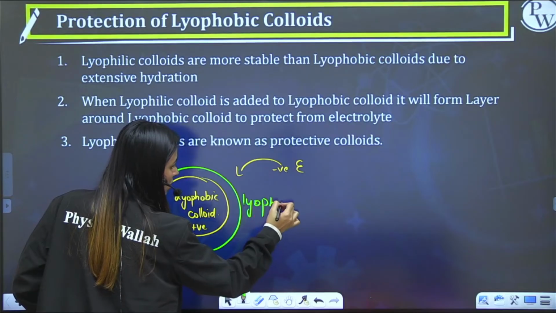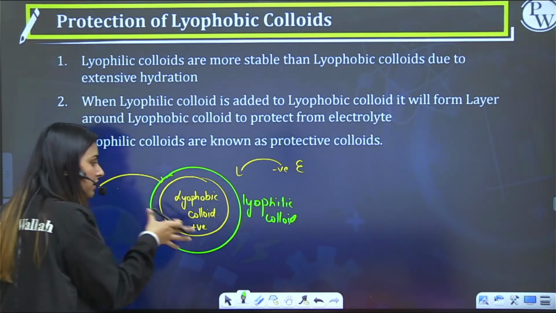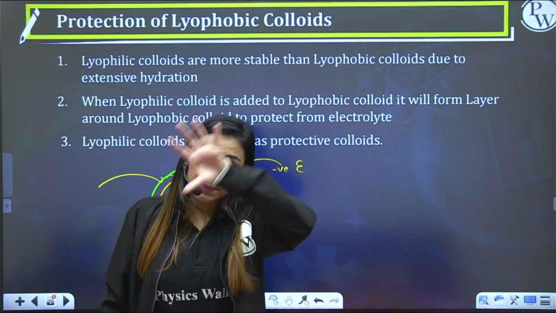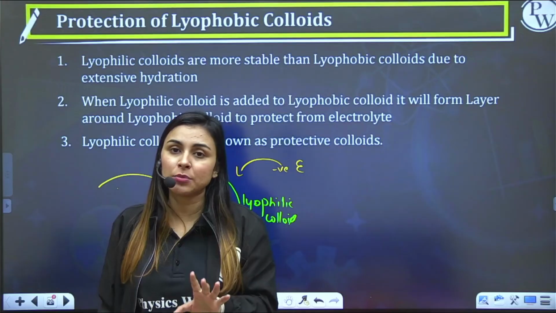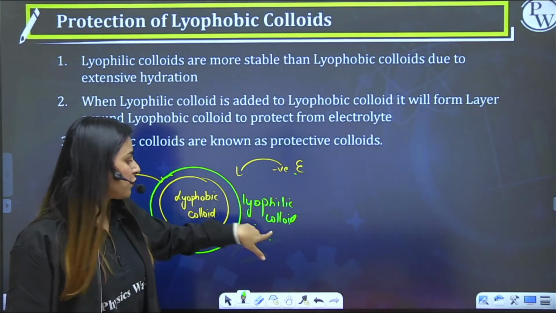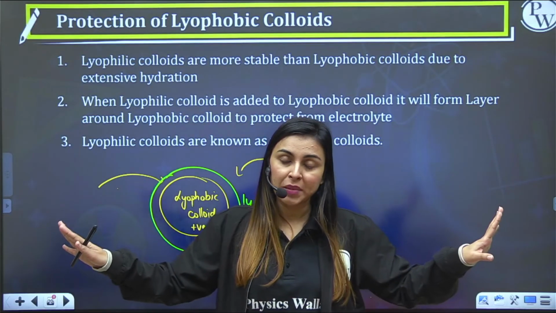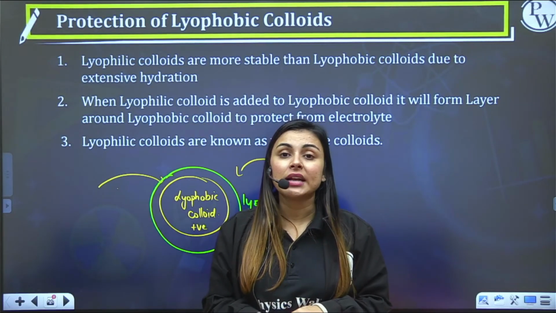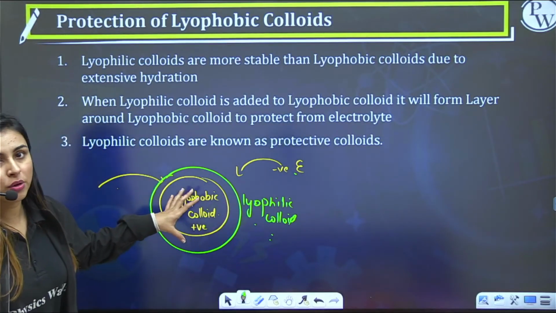Now I protected this lyophobic colloid by applying a layer of lyophilic colloid which is actually stable. If this is stable, then this electrolyte cannot destroy it, and then the lyophobic colloid will also not be destroyed. So this is the best way to protect a lyophobic colloid.